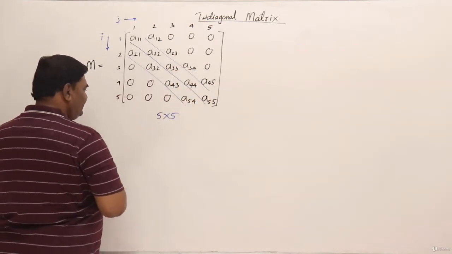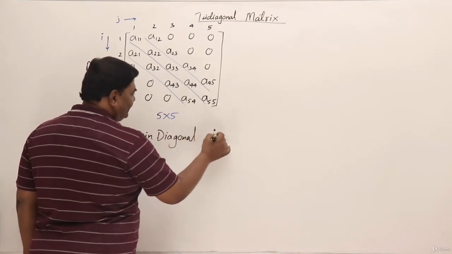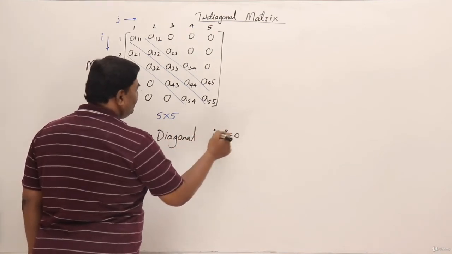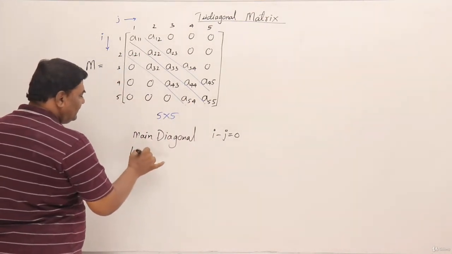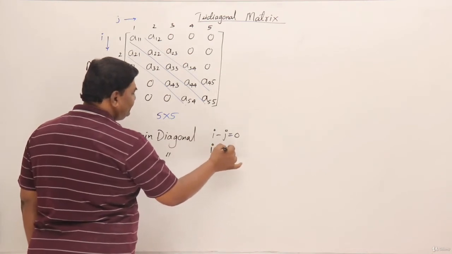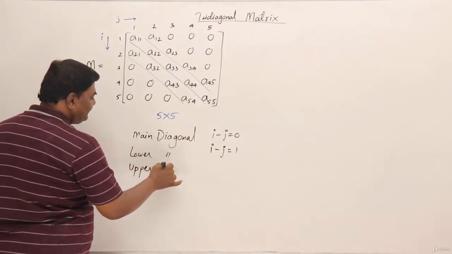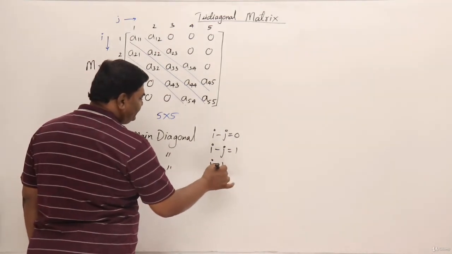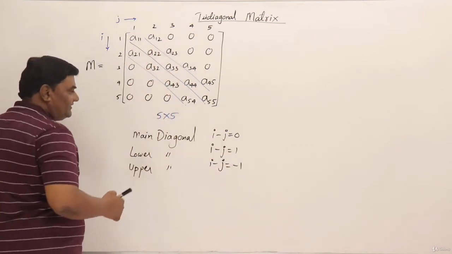So the elements in the main diagonal satisfy the property that i minus j is equal to 0. The lower diagonal satisfies i minus j is equal to 1. And the upper diagonal satisfies i minus j is equal to minus 1.